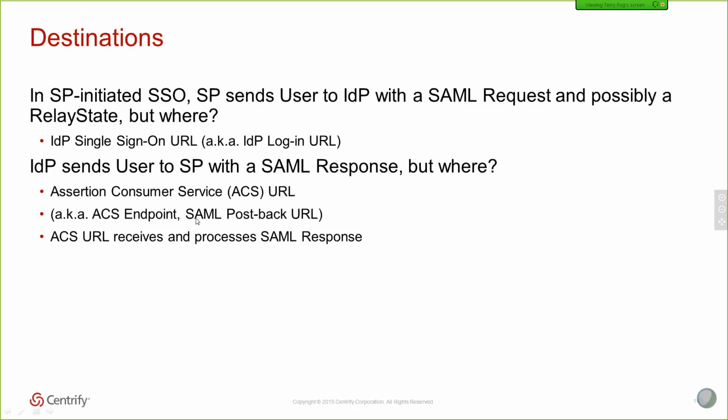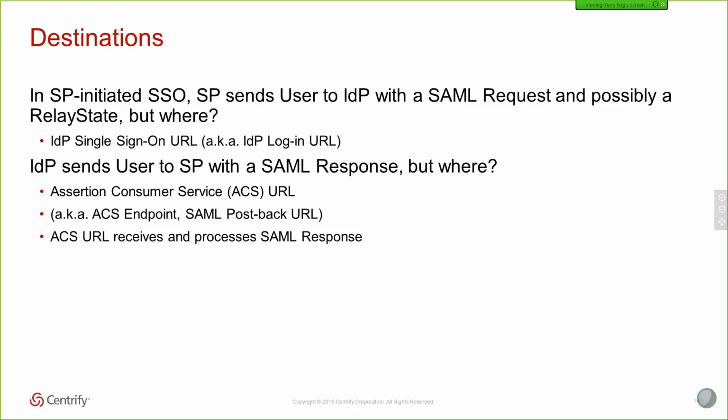I wasn't sure what it is, so I just asked, is that the same as the URL that you want us to send you the SAML response? The answer was yes. So what they mean by SAML postback URL is really the ACS URL. Sometimes there's another name called ACS endpoint, which is also a URL, just a different name once again.